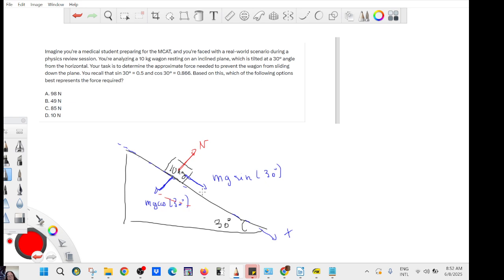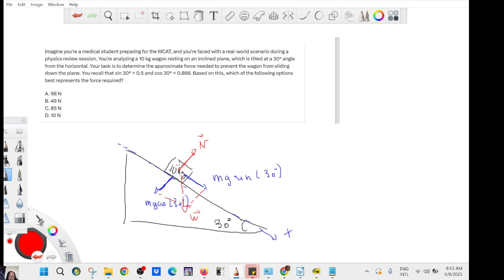And that will be your weight down. But the component of the weight, that's what you want to memorize. So mg sine is trying to make the wagon slide down, and the other component of the weight balances out the normal force, right?